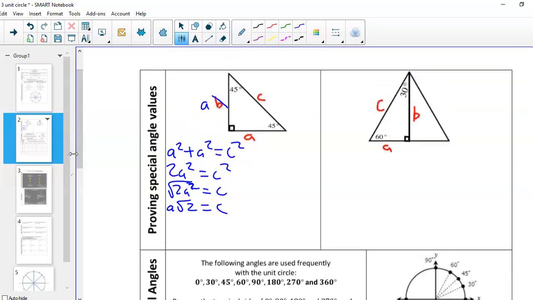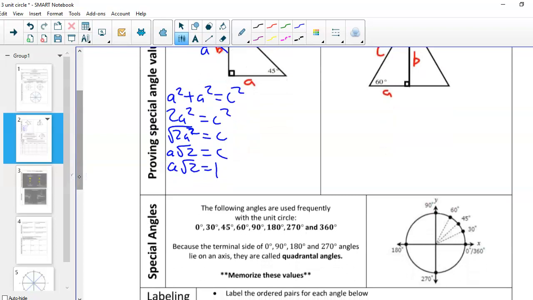Now let's specify some more details for this triangle. Let's say this is a triangle on our unit circle. So now C, our radius, is equal to 1. So I can say that this equation is equal to 1.